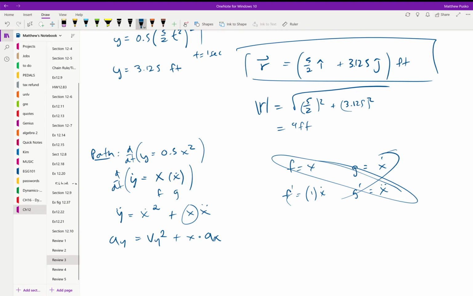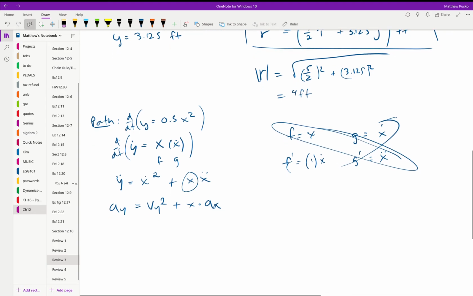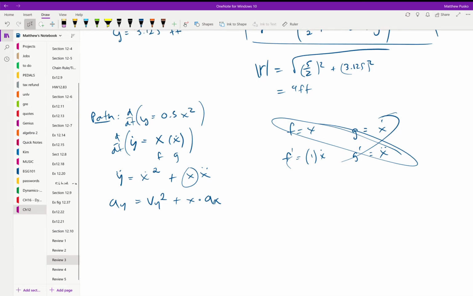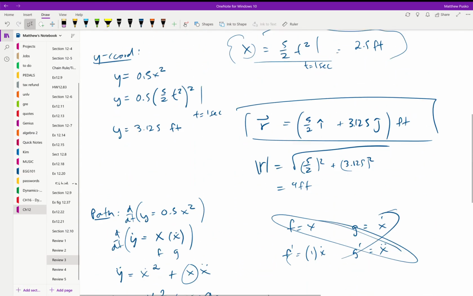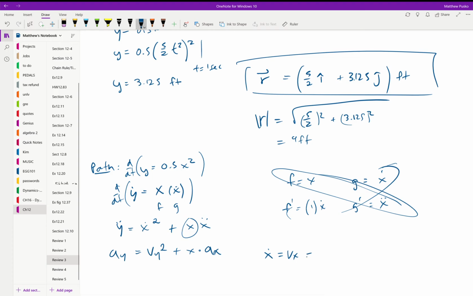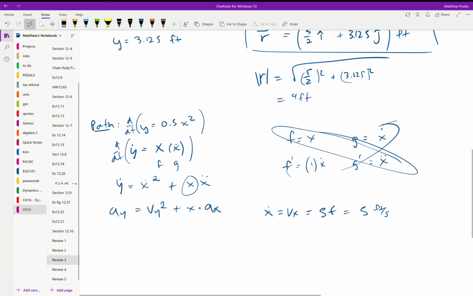Okay, we know x dot is equal to the velocity in the x direction, and we were given that it's 5t, so that's something we can plug in later. At 1 second is 5 feet per second. Okay, well, what about the acceleration in the x direction?